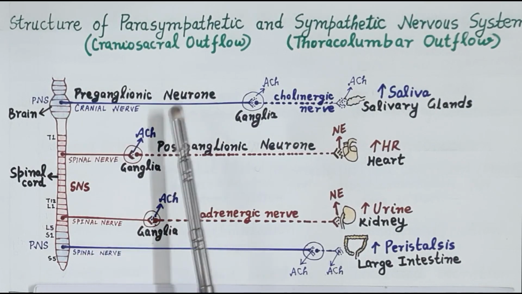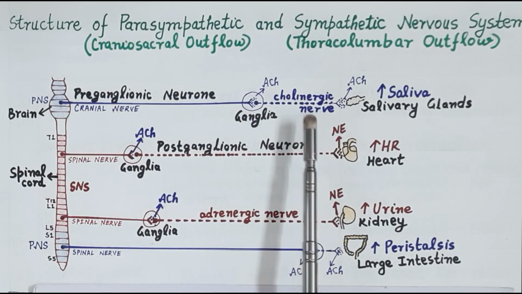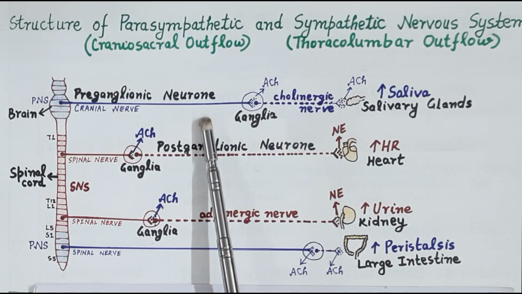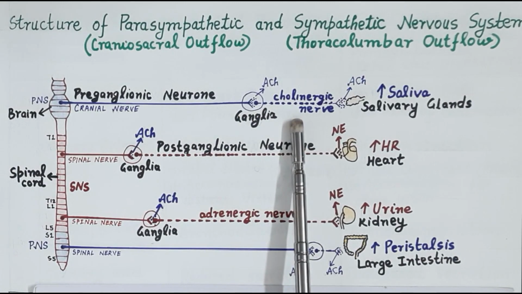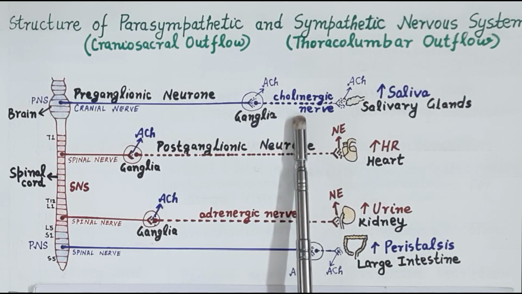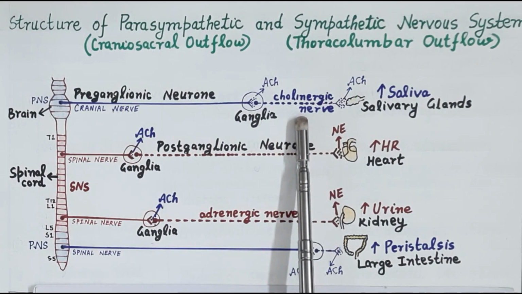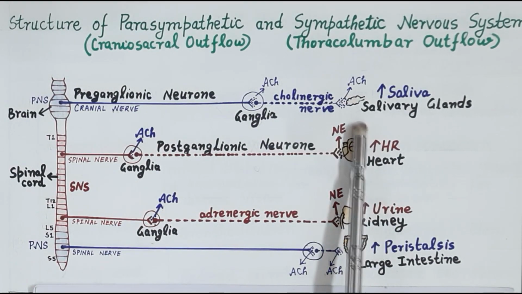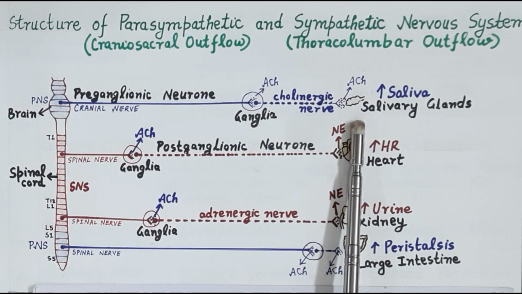This neuron forms a synapse with the postganglionic neuron, and the information from the preganglionic neuron is transported to the postganglionic neuron, and the postganglionic neuron further transports this information or impulses to the target organs of the body, and depending upon the information received, these organs, they produce their response.